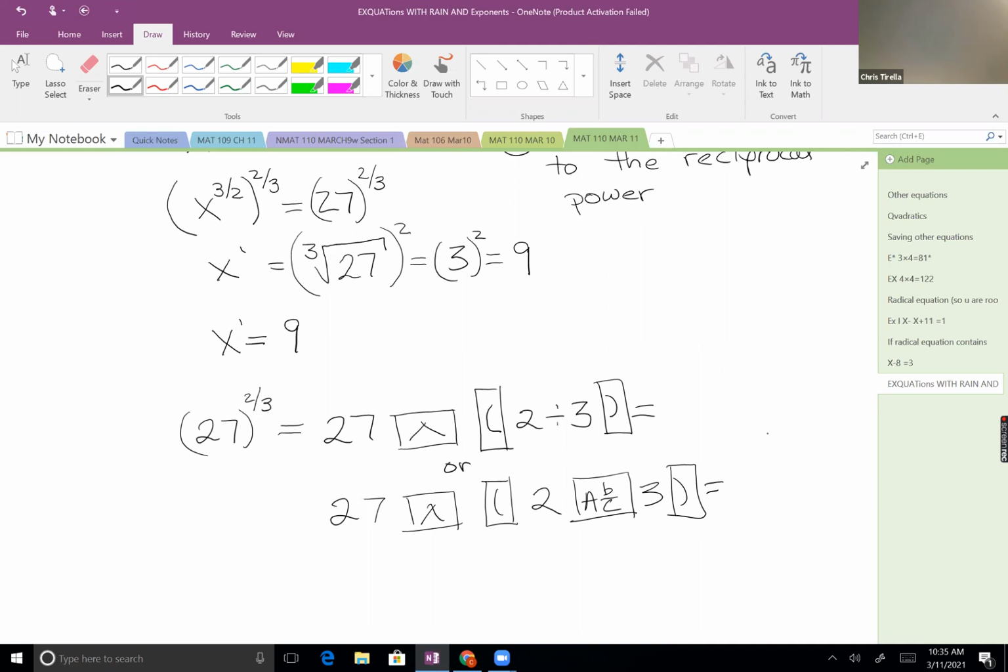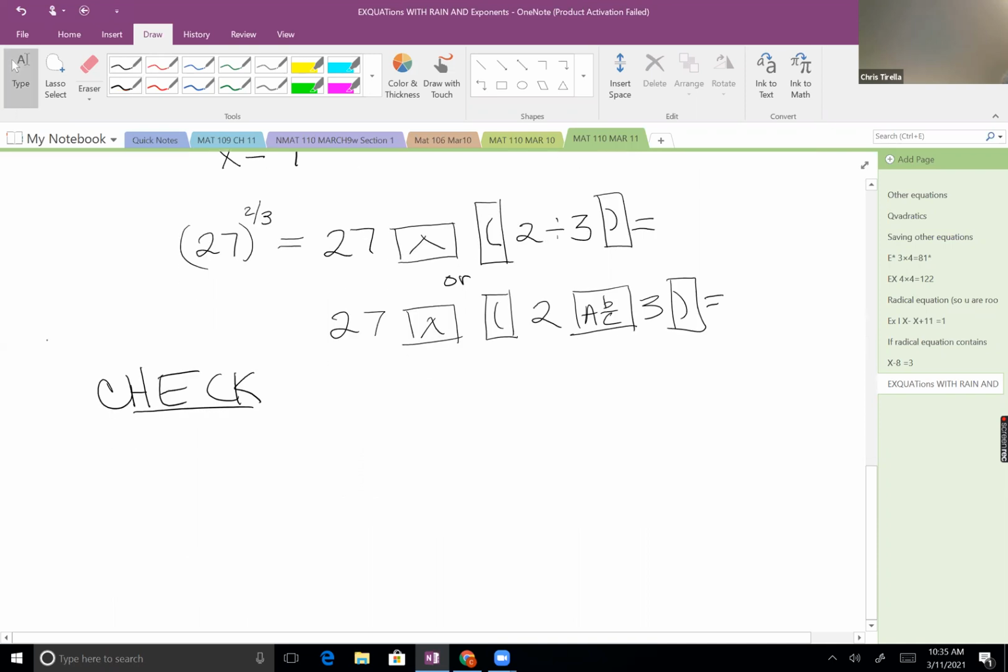Did everybody get the 9? Yep. Okay. Now here's the dealio. We raised both sides to a reciprocal power. That's kind of like with the last equations where we squared both sides. So with these, I would also make sure to check.